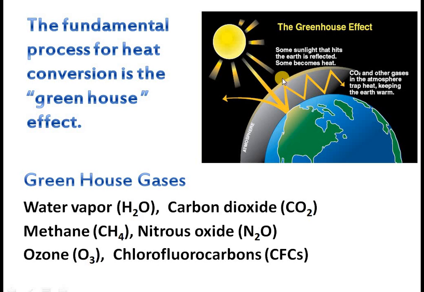When the wavelength is large, it cannot penetrate the gas, cannot penetrate the atmosphere. So what happens? This radiation gets trapped inside. As a result, the temperature of the atmosphere increases. Why? Because it gets trapped inside. Okay. So this phenomenon is called the greenhouse effect.